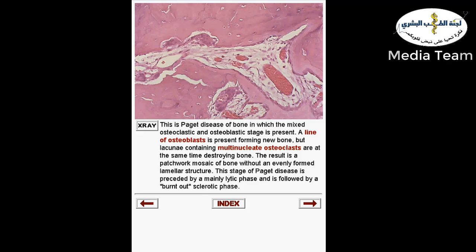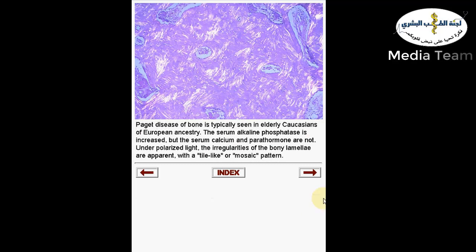It's not the normal lamellar mature bone. It's haphazard, it's irregular, it's not mature, it's not lamellated, and we call it a mosaic deposition of bone. And in a late stage, we also have fibrosis in the same mosaic bone, and that's why we call it the sclerotic bone.